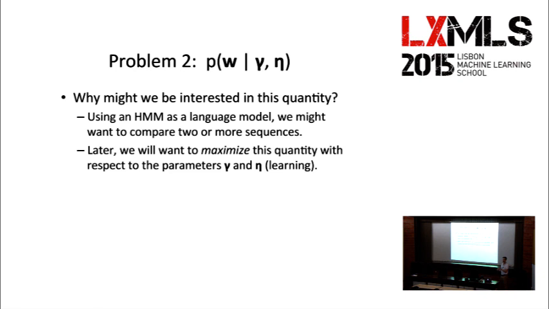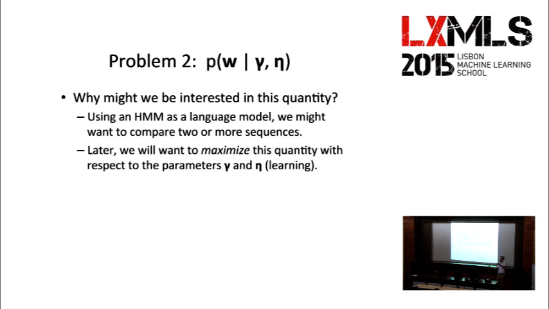Yes, question. Even if we've never observed the state, you still know the structure of what you're running over, right? You have to see the derivation of the states for the sequence. That's right. So there's a wide range of possibilities. One possibility, the easiest, is we observe the states at training time. We know what the state is for every word, and we're just doing supervised estimation. The other extreme is that we know nothing.